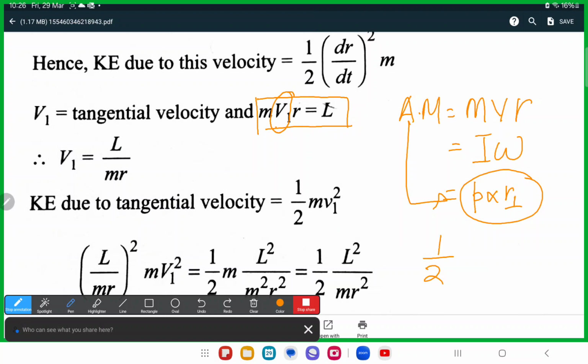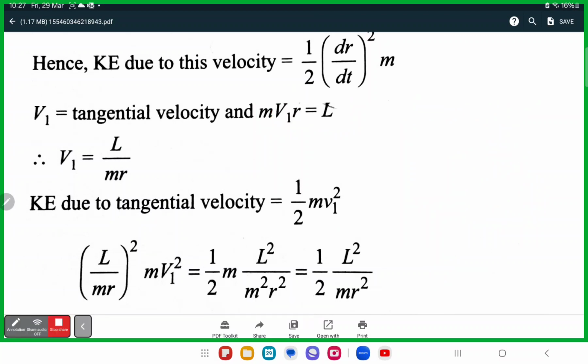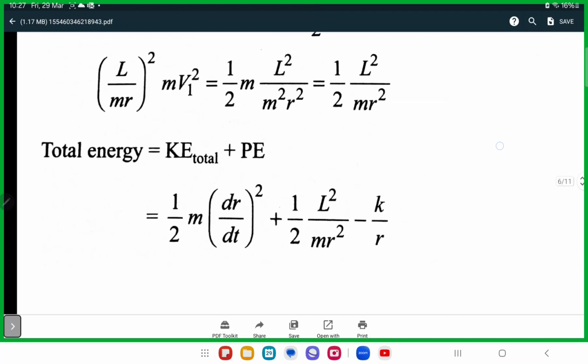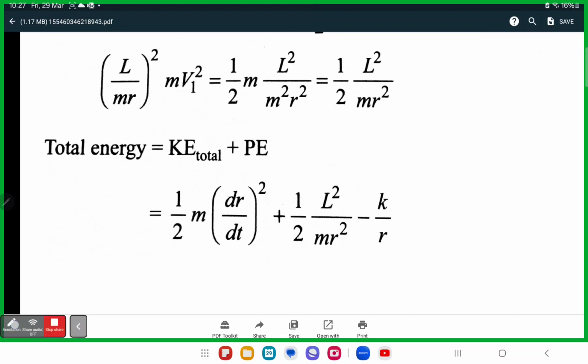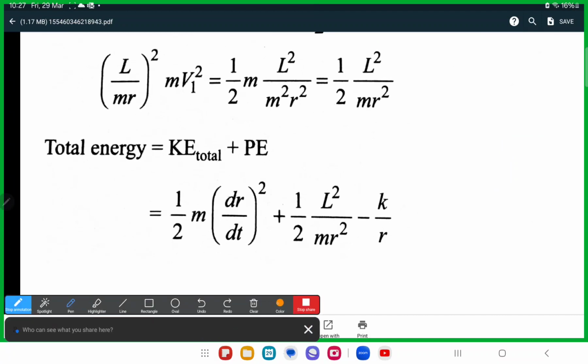So ultimately, what we can say, I told you the total energy will be half m, this is the radial part, and this is the tangential part.